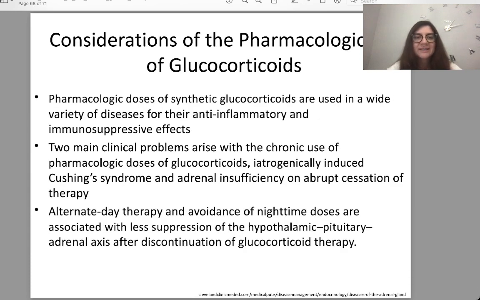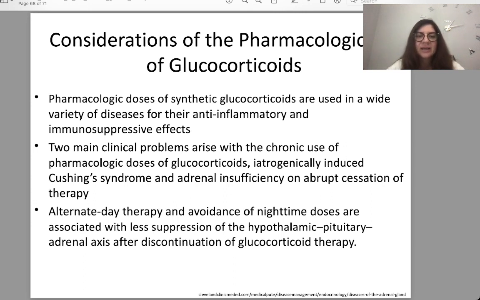Pharmacologic doses of synthetic glucocorticosteroids are used in a wide variety of diseases for their anti-inflammatory and immunosuppressive effects. Two main clinical problems arise with the chronic use of pharmacologic doses of glucocorticosteroids: iatrogenically induced Cushing syndrome and adrenal insufficiency on abrupt cessation of therapy.